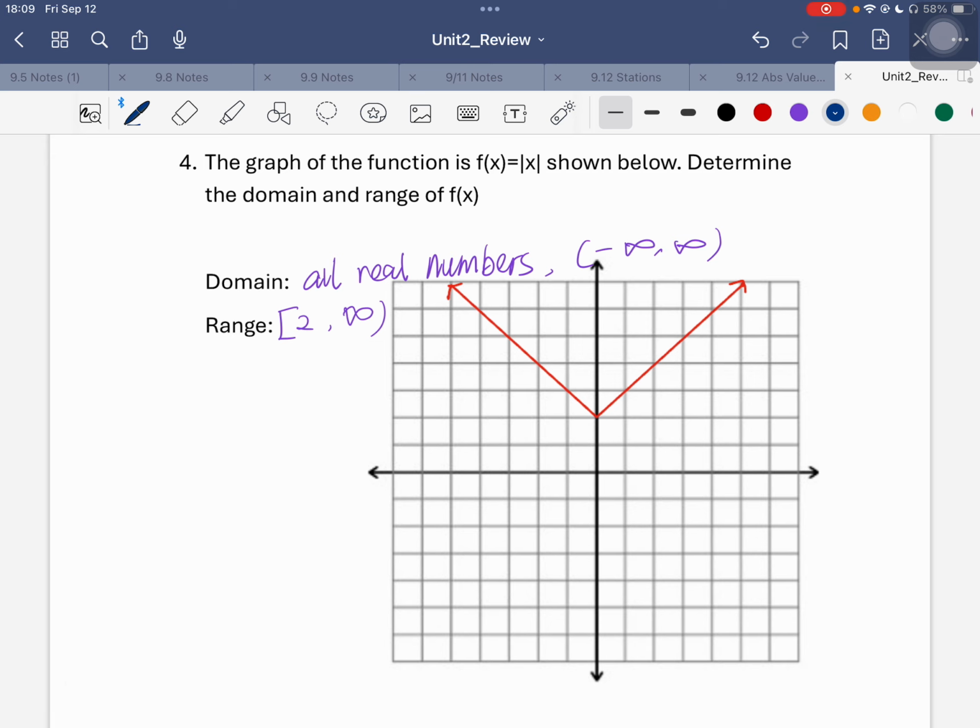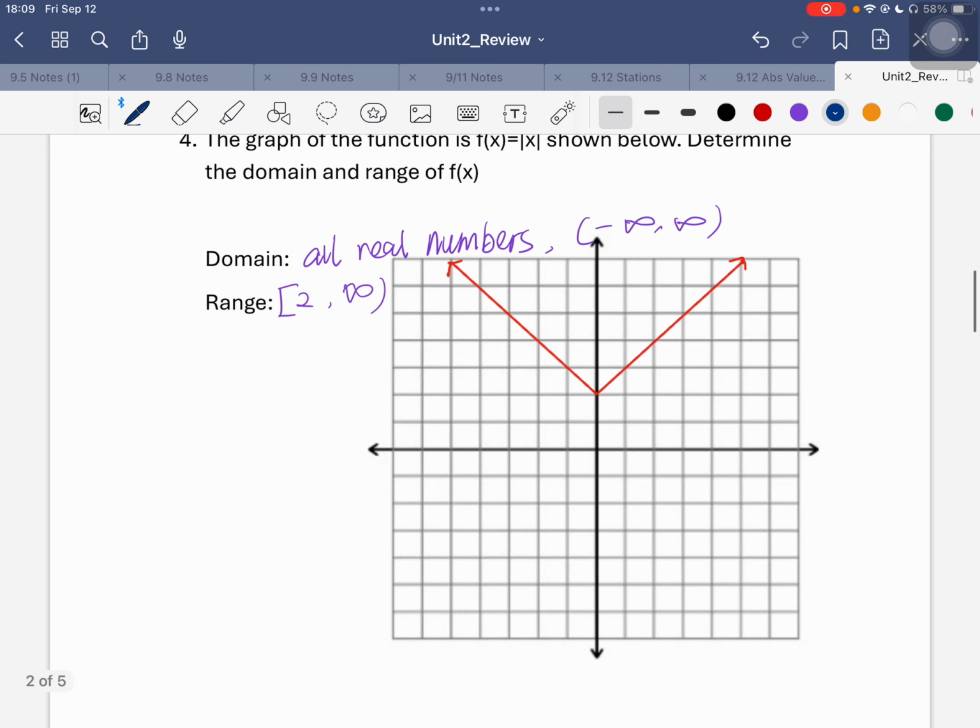Question 4 is asking for the domain and range of this parent function. I need to make some changes on the parent function, because for the parent function, it should start at 0. So this will be the starting point, and a is +1.